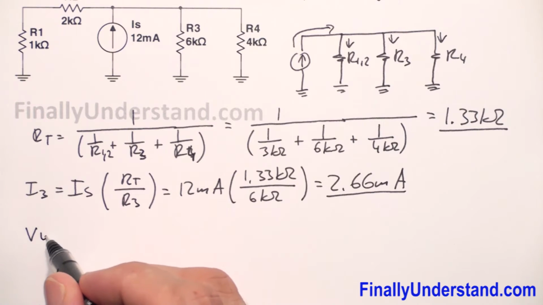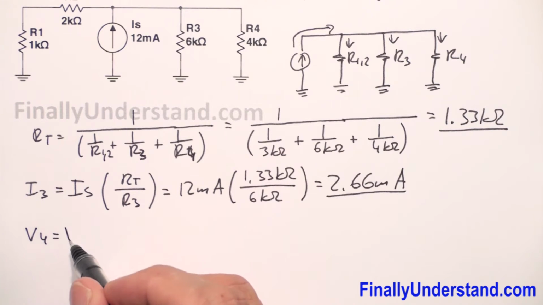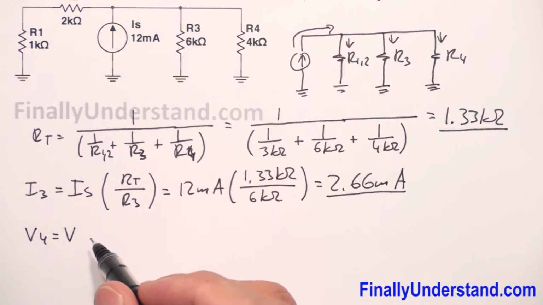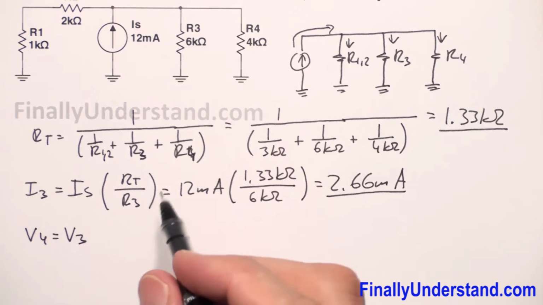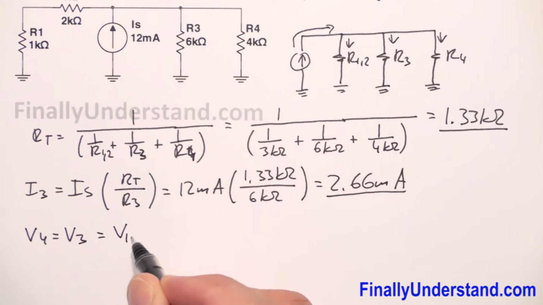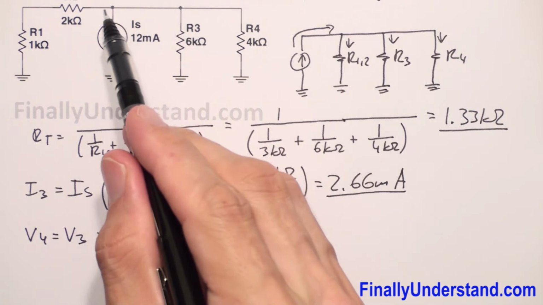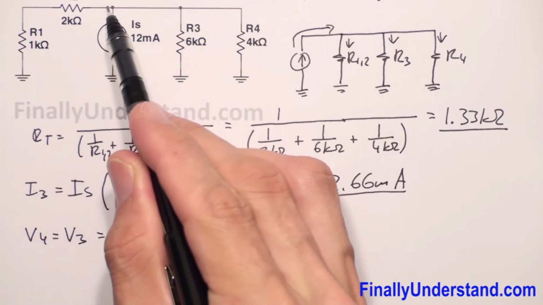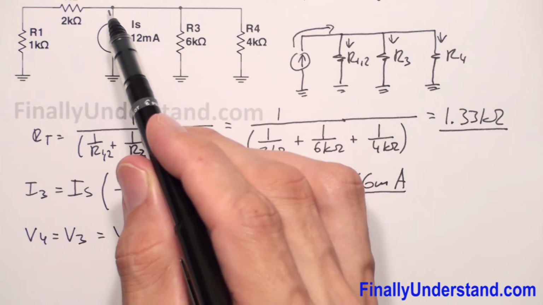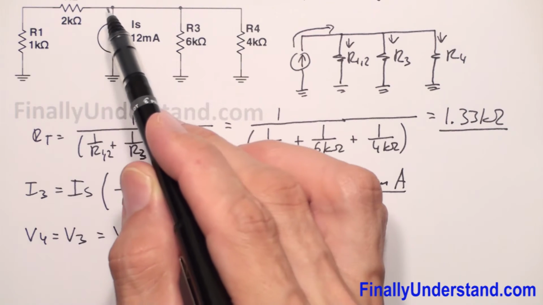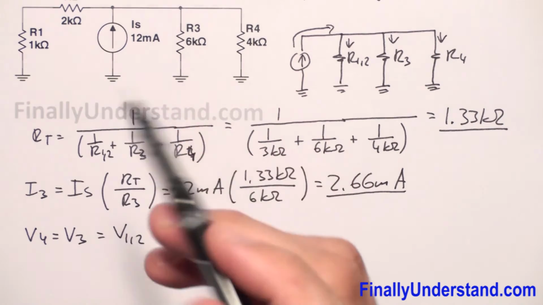So V4 is equal to V3, and this is also equal to V12, the voltage across these two resistors, from this point to this point. This is not the voltage across the individual resistor, this is the voltage across these two resistors.